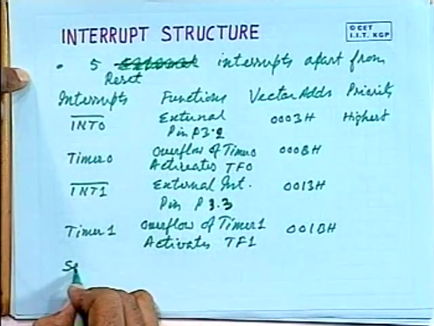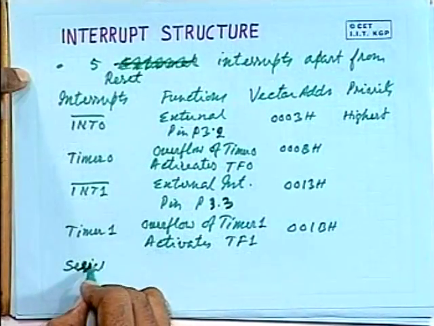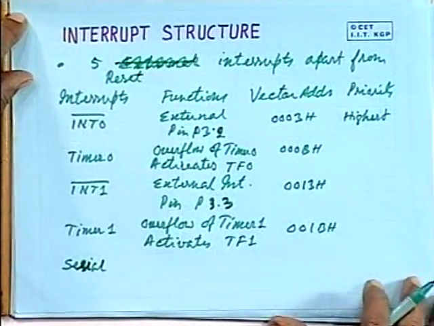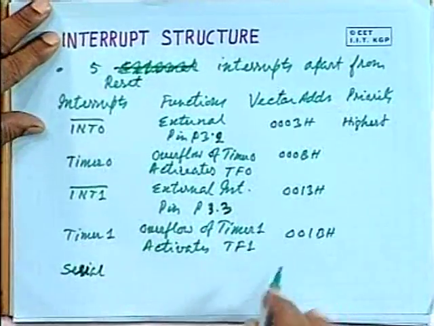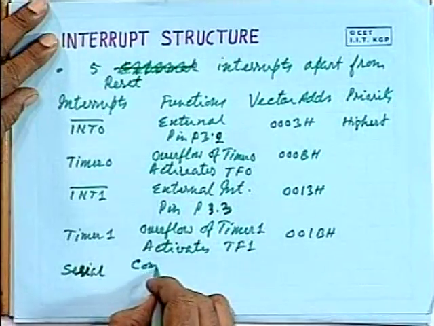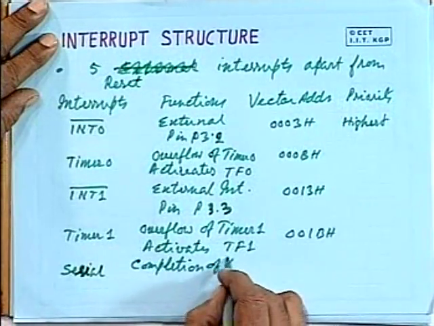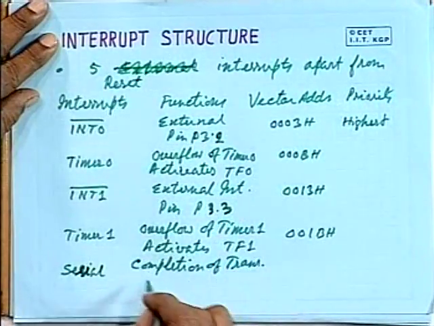Finally, as you have seen, there is a full duplex serial port, and there is a corresponding interrupt for this, and this interrupt occurs whenever there is completion of transmission or reception.